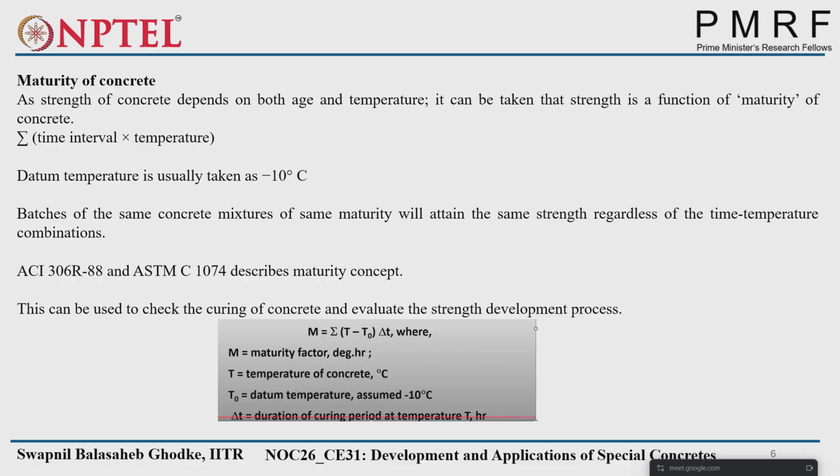Yeah, right, 24 into 24. And what will be the value of T? 30 degrees Celsius, and minus the datum temperature, minus of 10. So you'll get the value of 2304 in degree hour, right?